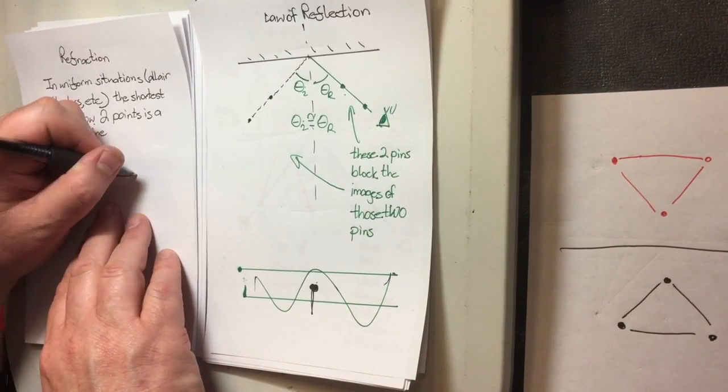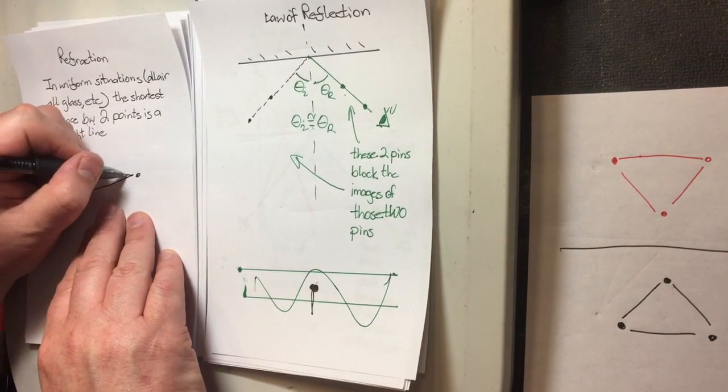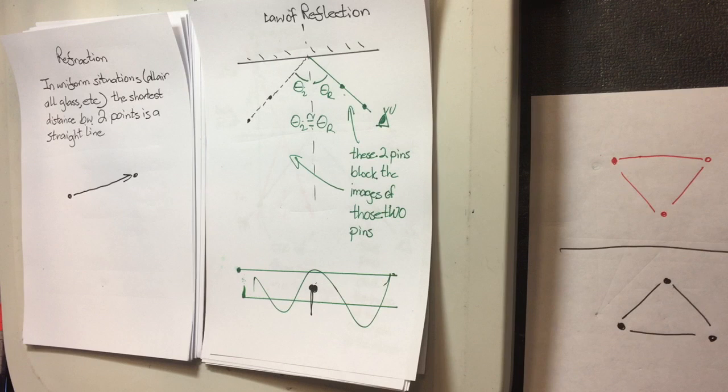So if you have a point there and you have a point there, the shortest distance is from there to there. Fairly easy. Now really what we're asking ourselves is, why are we traveling from there to there in a straight line? Well, it's the most efficient way to get there. It actually takes the shortest amount of time to get there.